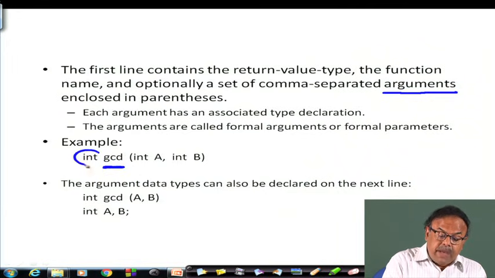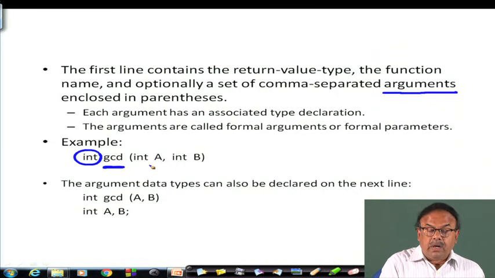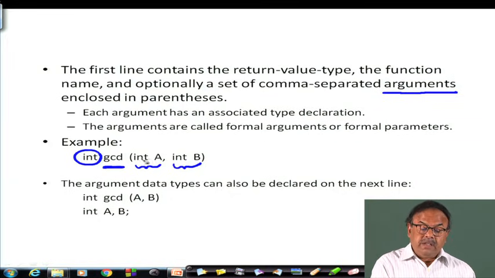It has got a type int and has got two arguments, A and B. I have written the types of them in the parentheses itself, int A comma int B, comma separated. It is possible that I can declare the arguments on the next line.